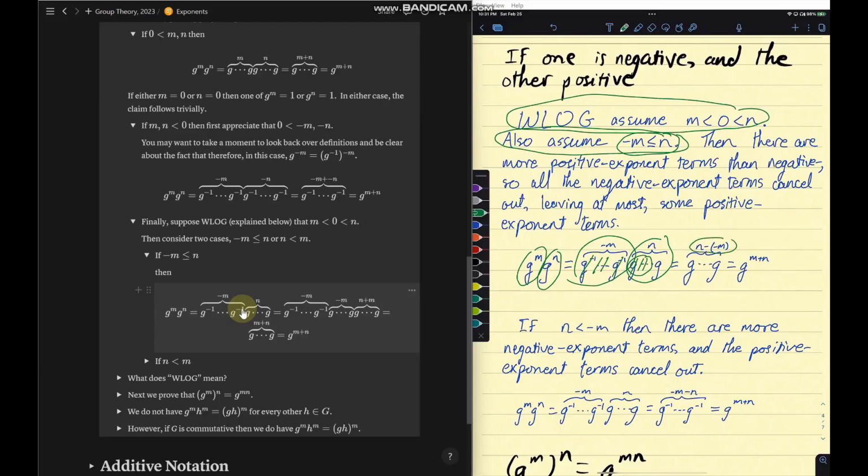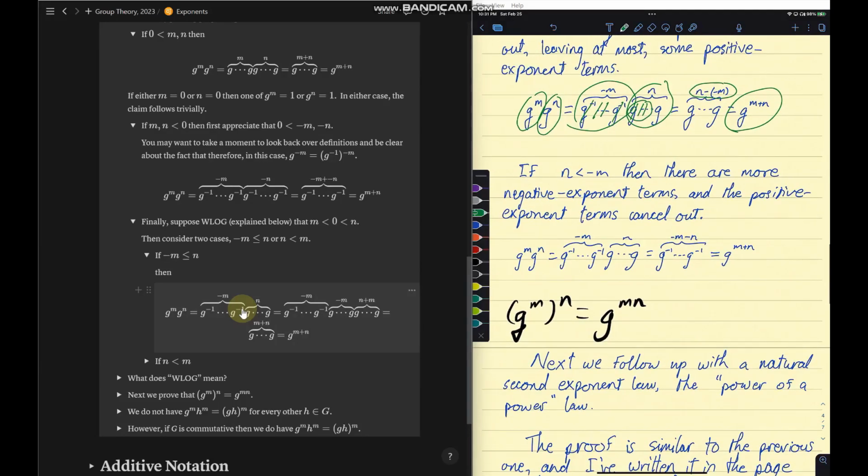And that means that n minus negative m is going to count up what's left over, which is namely the instances of g that didn't cancel. That's what's left here. And n minus negative m is the same thing as m plus n, so we finally reach the right-hand side.